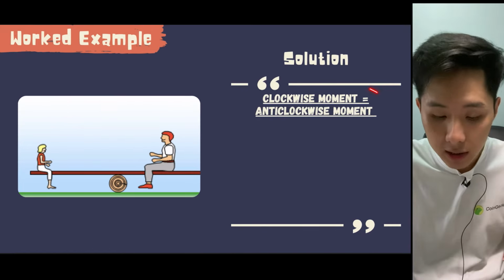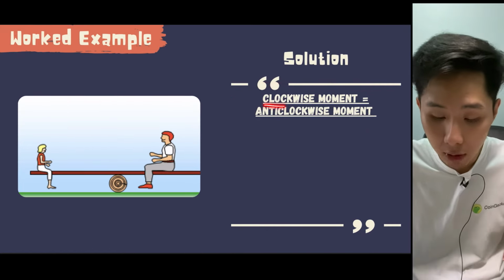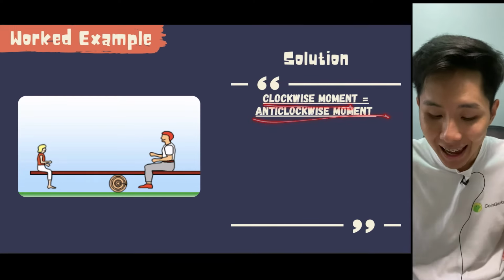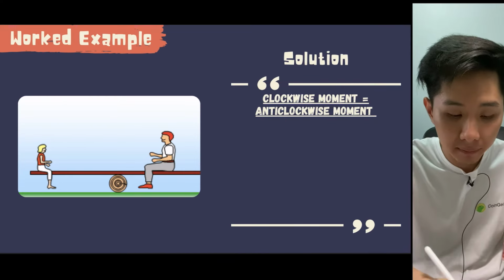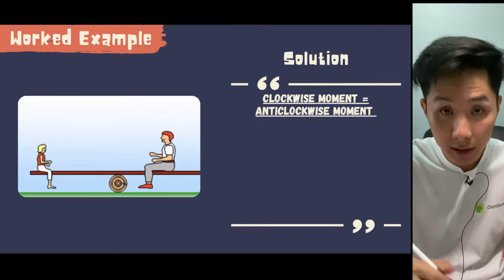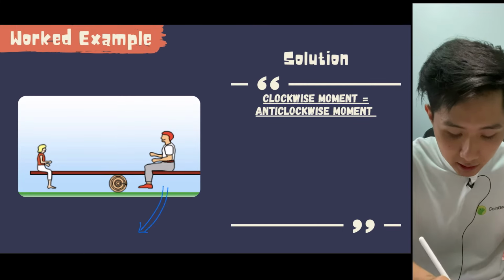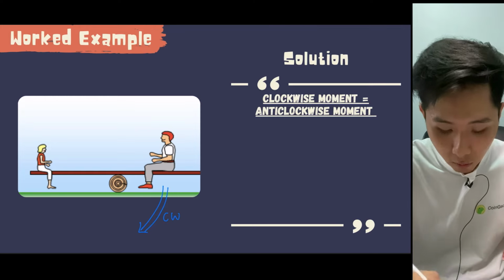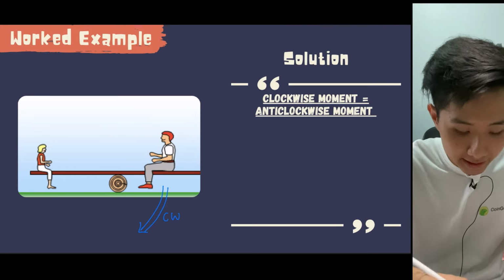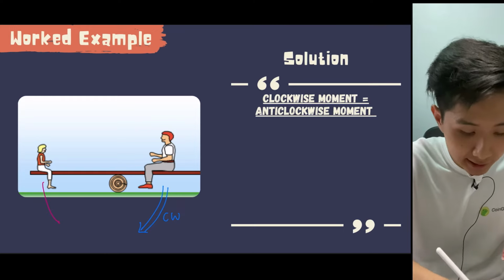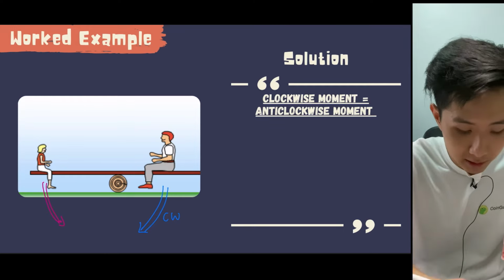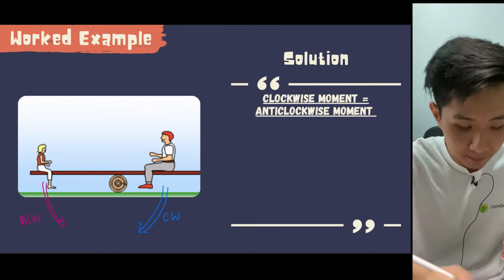And remember, the condition for equilibrium is that clockwise moment has to be equal to anti-clockwise moment. In our case here, the father, on the right, is exerting a clockwise moment when he sits down, whereas the daughter here is exerting an anti-clockwise moment when she sits there.